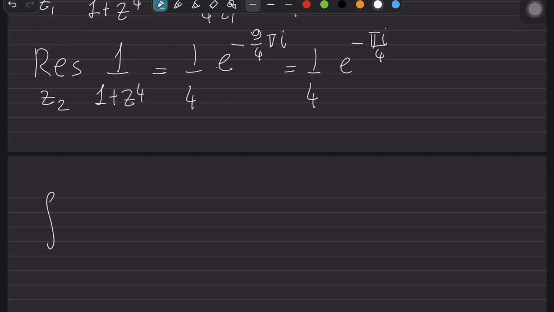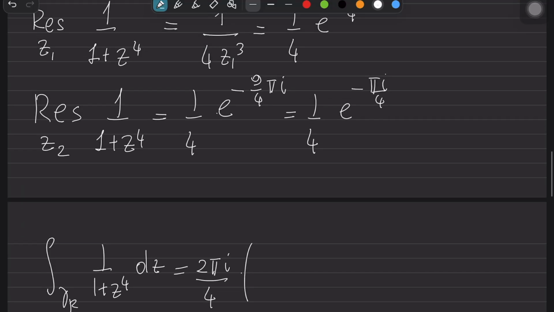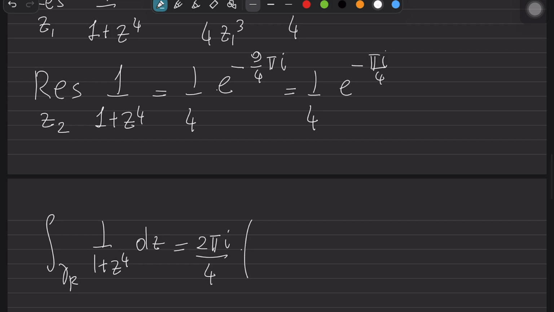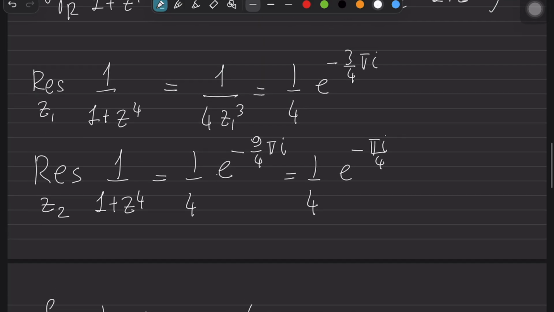This means that my integral over gamma r of 1 over 1 plus z to the power 4 dz is equal to 2 pi i divided by 4 times the sum of the two residues. The 1 over 4 is already there, so we have to compute this exponential, which is just the cosine of pi over 4, which is square root of 2 over 2, minus i, the sine of pi over 4, which is the square root of 2 over 2, plus, now we have the cosine of negative 3/4 pi, plus i, the sine of negative 3/4 pi.